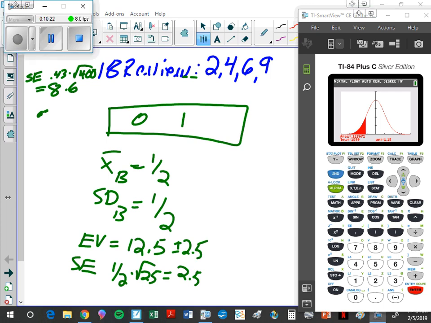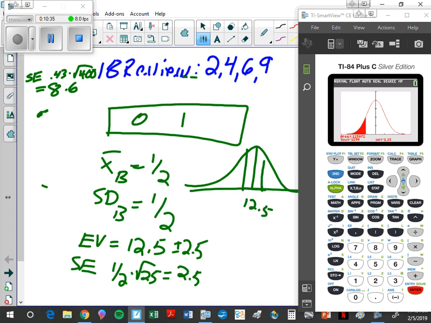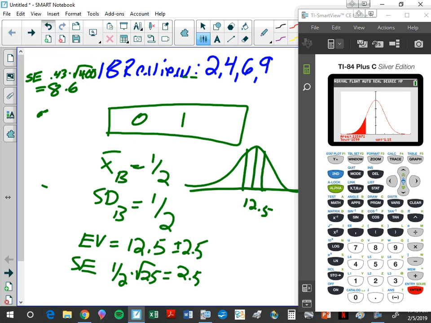So we want to shade only the column that represents 12 heads. My average is 12.5. So what are the bounds on the column for 12? Oops, I drew that wrong, didn't I? I guess I didn't. So here's 12.5, but it's not the top of any column.